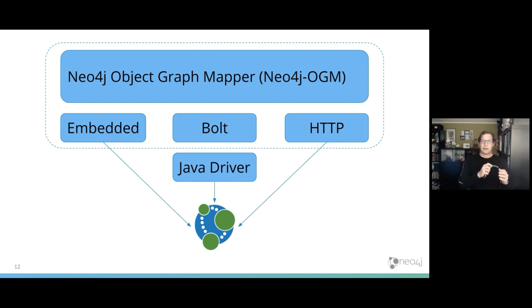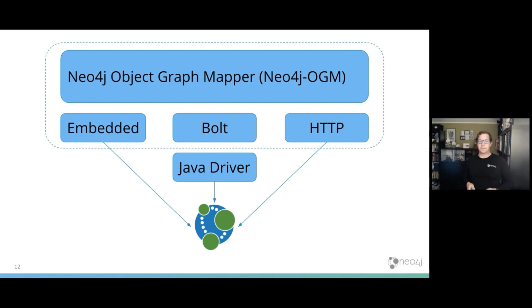So we have a library that can, by its name, map objects to and from the graph. It cares about the connection to the database. That can be an embedded, Bolt or HTTP connection. But it also has some kind of caching in it, conversion support, everything you need to persist your data to the database.